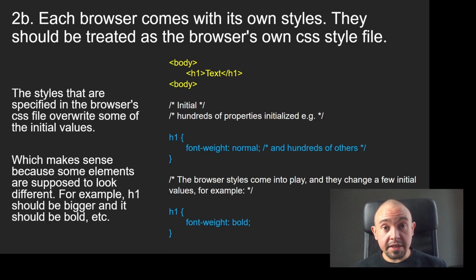Here is a second example of how the browser styles override the initial styles. As we know, the initial value for the font weight property for all the elements is normal. However, the browser overrides this value and changes it to bold for selected items, for example for the headings like H1.